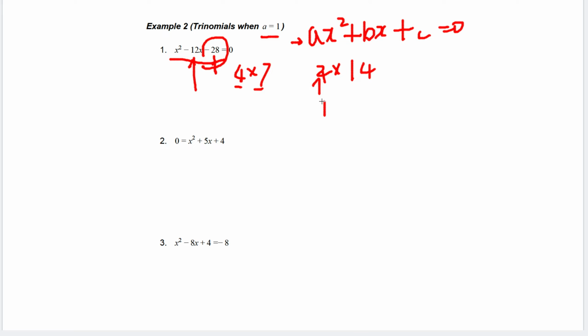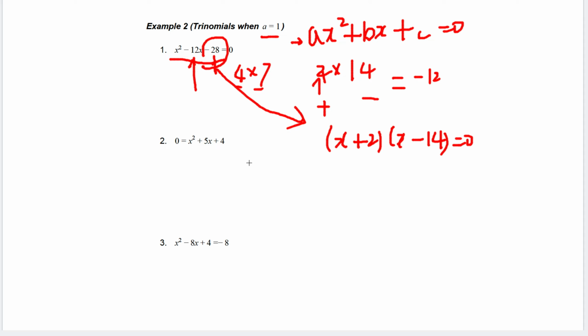If we take 2 as positive and 14 as negative, bingo, we get negative 14 plus positive 2, so we finally get negative 12, right? So here we get x plus 2 and x minus 14 equals 0. So that is our factoring.